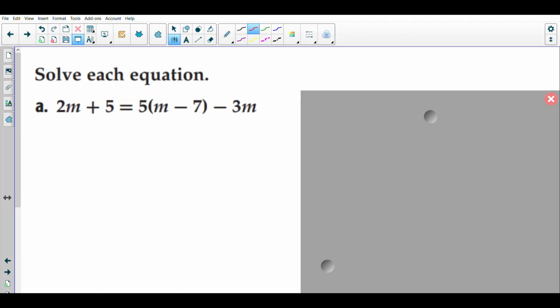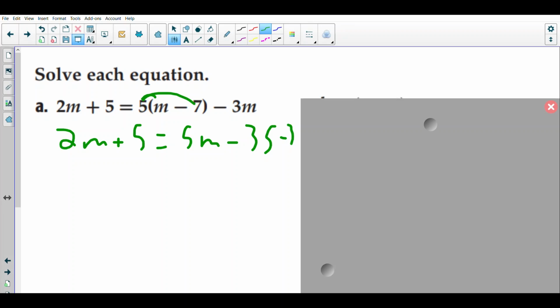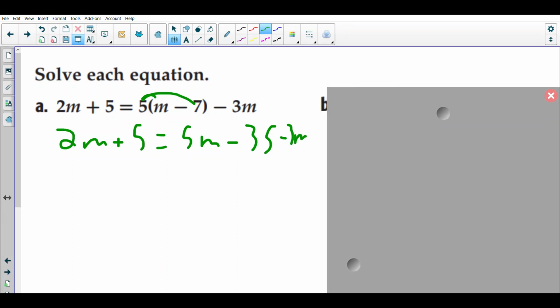So let's do a couple problems. We have 2m plus 5 is equal to 5m minus 7 minus 3m. So on the right side, I need to simplify. Then combine like terms on the right side.